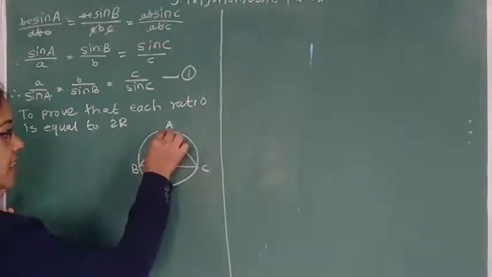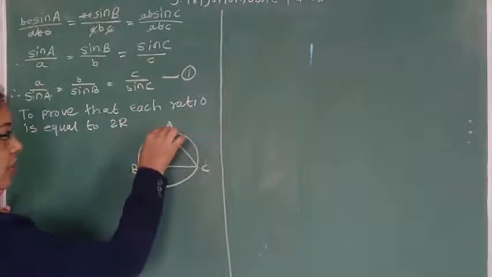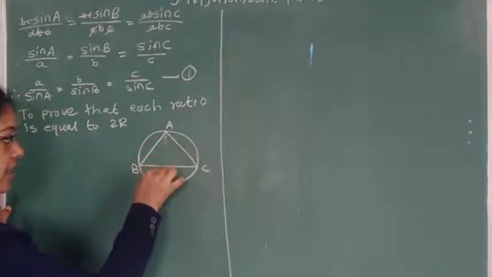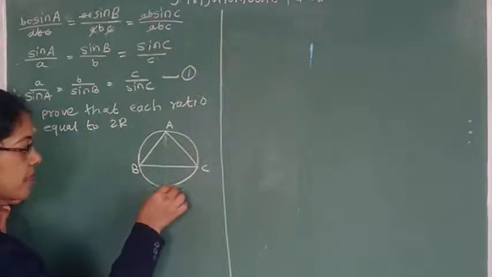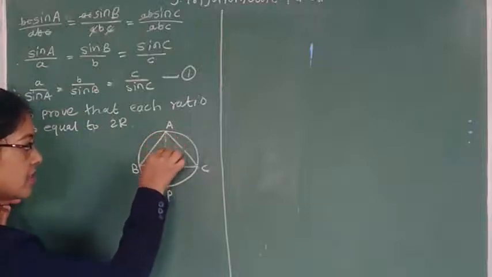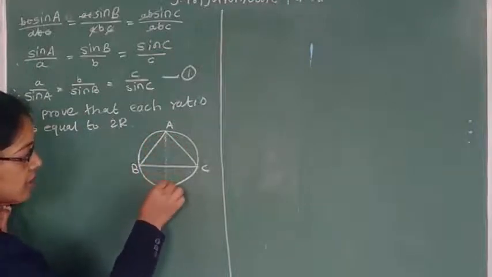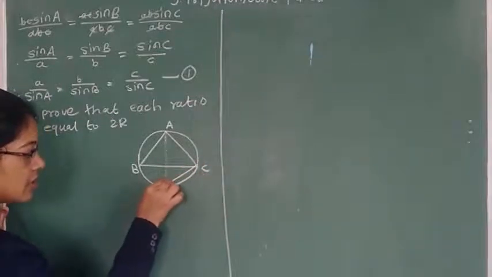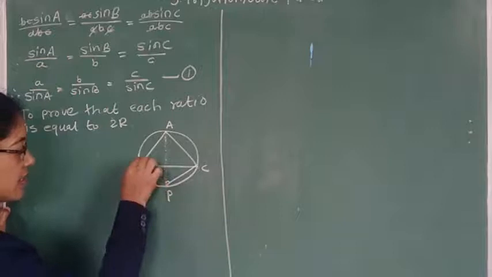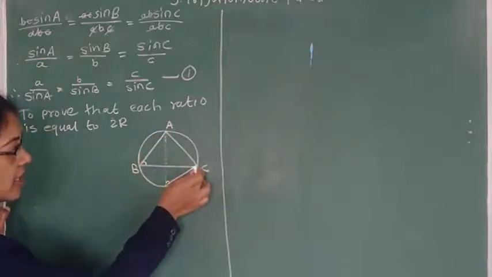So suppose A is not a right angle, then we draw a diameter through A and let it meet the circle in P. This is the diameter. This is angle APC and this is angle ABC.